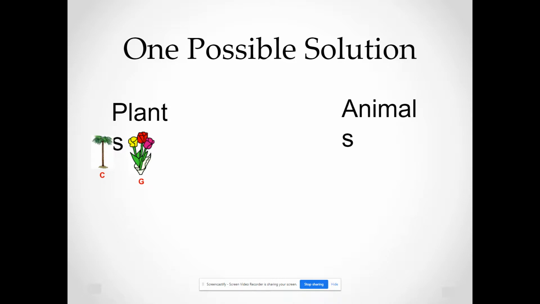Now we gotta go back. Animal without legs, right? Do we need to split that group any further? No. So, what's the name of it? A fish. Just write a fish right there. Now, let me mark the fish out. Oh, we forgot about this one. What are we gonna have to divide that into?